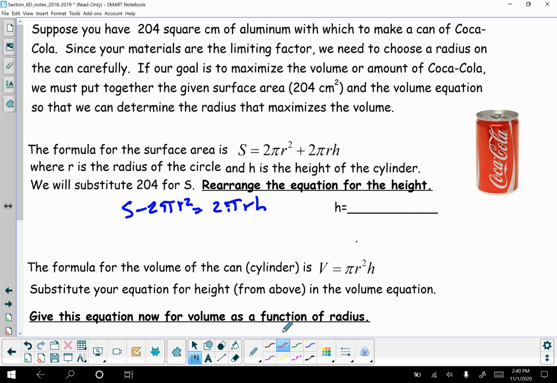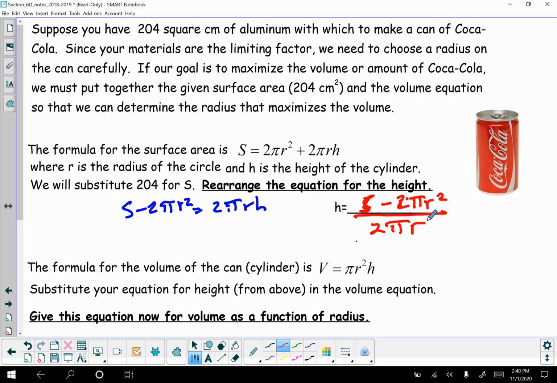And then if I divide both sides by 2 pi r, my h is going to be S minus 2 pi r squared all over 2 pi r.